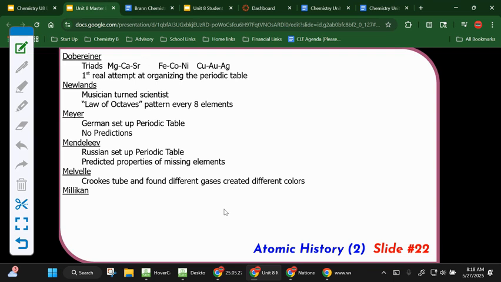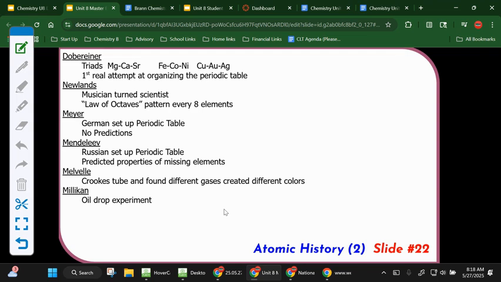Okay? All right. Now, by the way, we still know nothing about protons, neutrons, and electrons. Nothing. But along came a scientist named Millikan, and he did what we call the oil drop experiment. He took oil and sprayed it as a fine mist between two electrically charged plates.